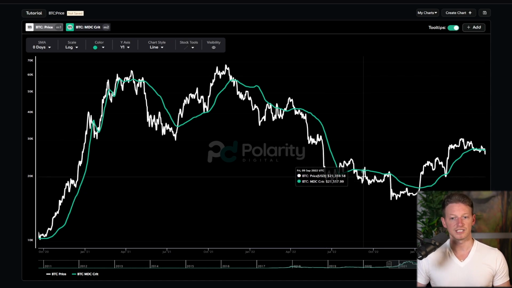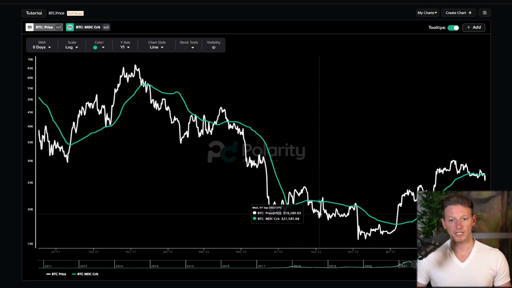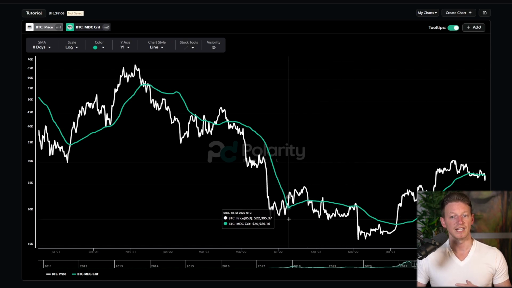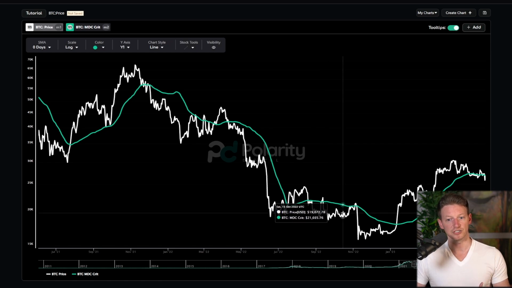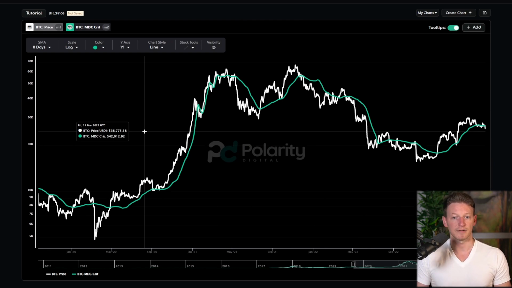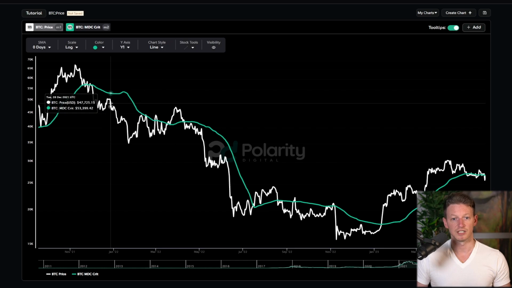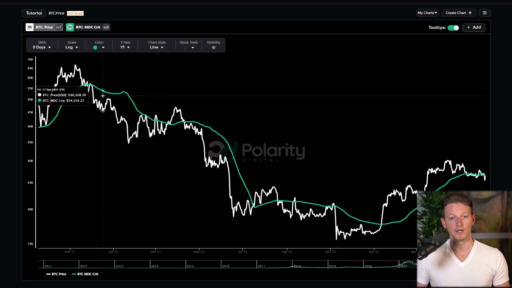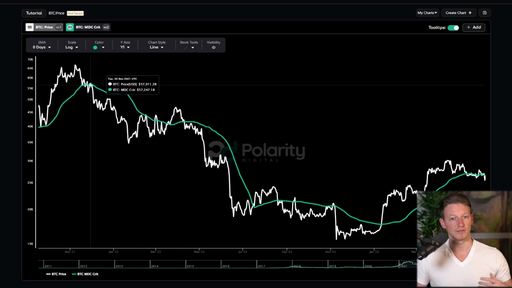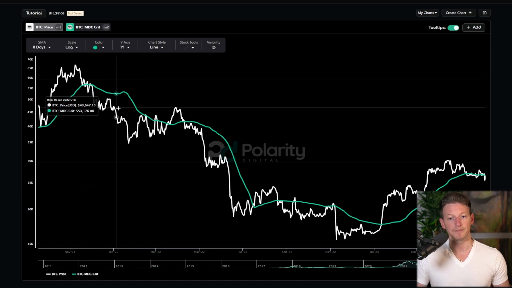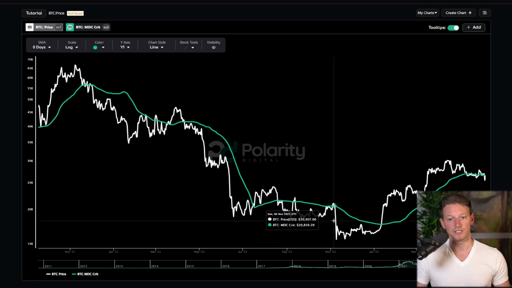So if we come back here to September, for instance, the market had these blips where it would drive above the MDC, but for the most part, it was telling you that we were in a downtrend. And so actually, if you look at the data, if you were using the MDC both in long positions and short positions during 2022, when the market was down, from the start of 2022, we were probably right at around 50K, all the way till the end of 2022, which was around right here.